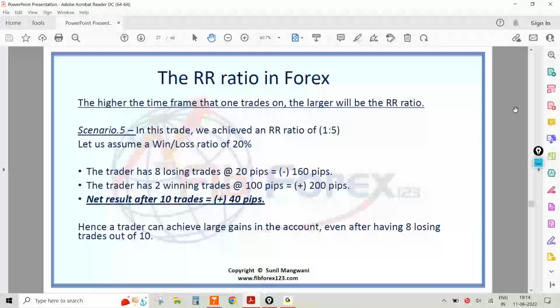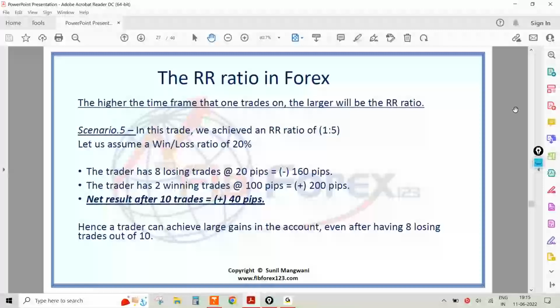Now you see the importance of your risk to reward ratio. Regardless of the method you're following, regardless of what system you're following, just try to maintain your risk to reward ratio at a minimum of 1:2. The higher the risk to reward ratio, the more losing trades you can afford to have. Now I look for a risk to reward ratio of minimum 1:3 in Forex.